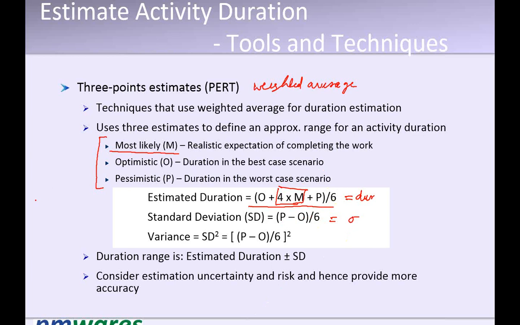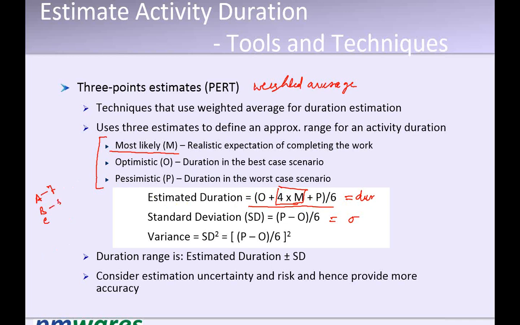For example, there is activity A, activity B, activity C. Here I estimated the duration, say 7 days. This 7 days has come from optimistic plus 4 times most likely plus pessimistic, divided by 6, equal to duration.